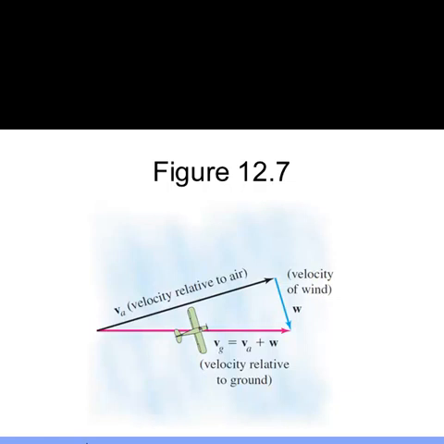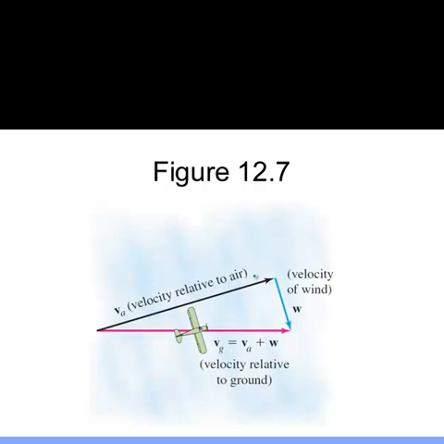So the direction of that particle, whether it's an airplane or ship or whatever, the motion relative to the ground is just going to be the velocity relative to the air together with the velocity of the wind.